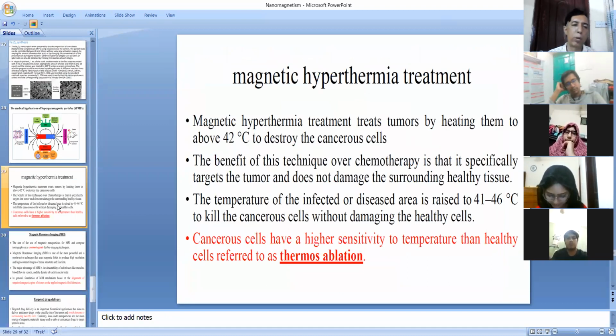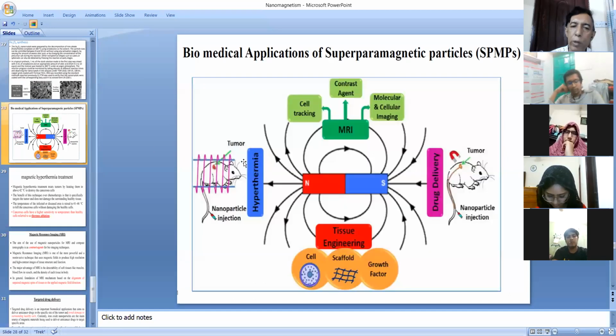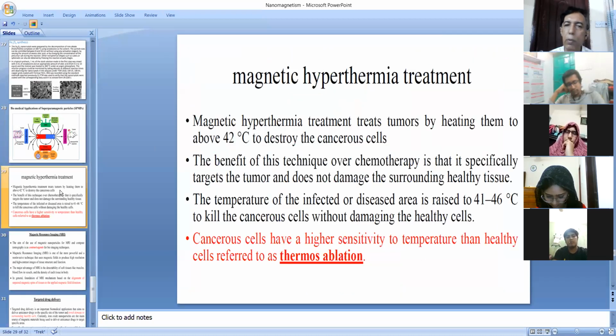Now, what is magnetic hyperthermia? That means we saw here hyperthermia. What is that hyperthermia called? Hyperthermia means excess heating. You will see some cricket players have hyperthermia when they bat or field for a long time in high heat.